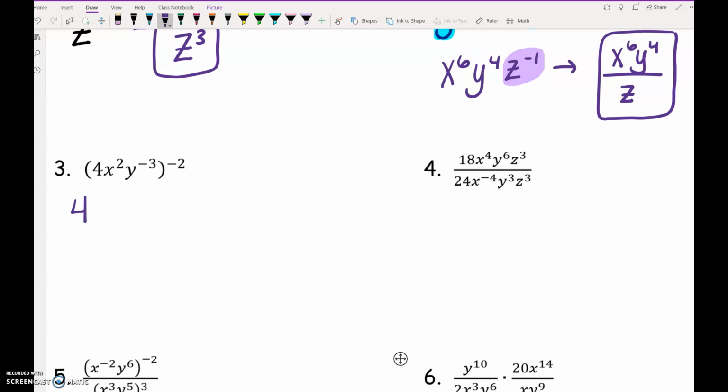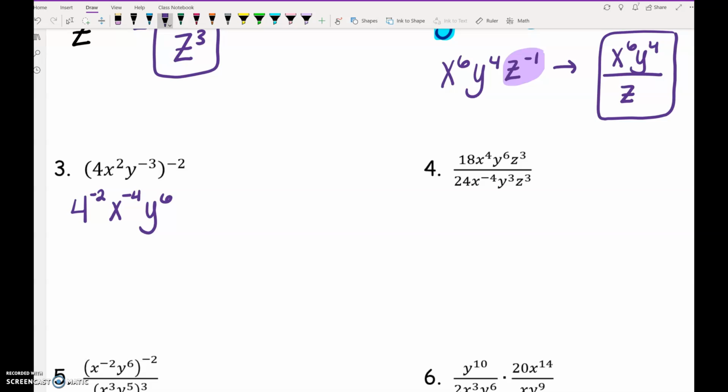So the 4 needs to be raised to the -2. And then x would be x to the -4th, y to the +6th. So the numbers, the coefficients are not attached to those letters. They are actually a term, a factor all on their own.